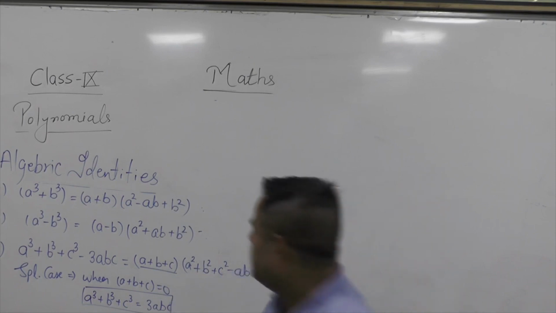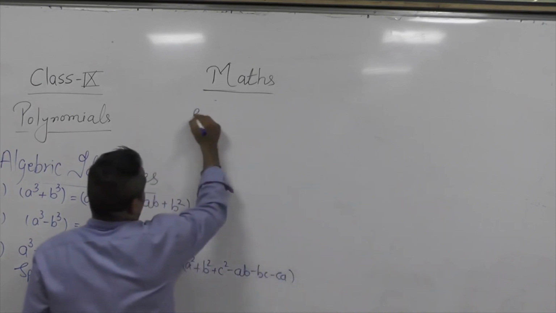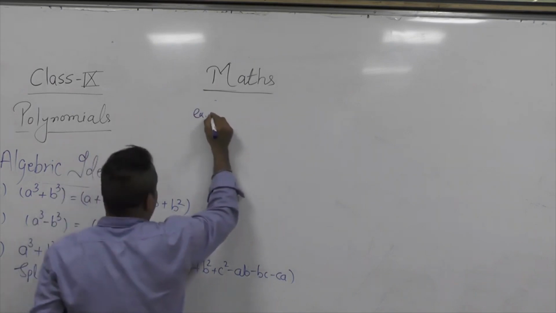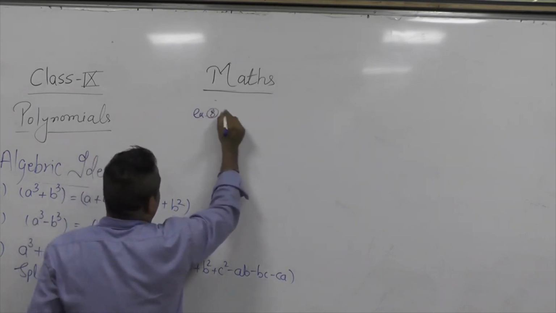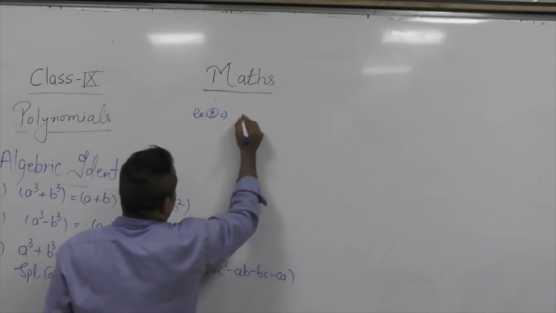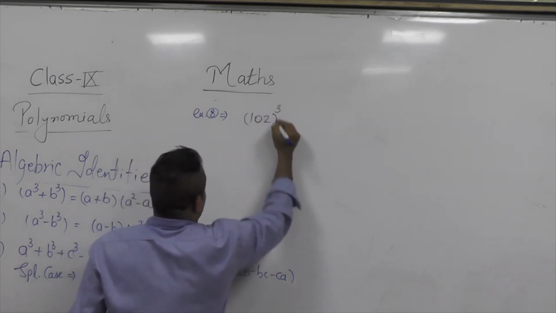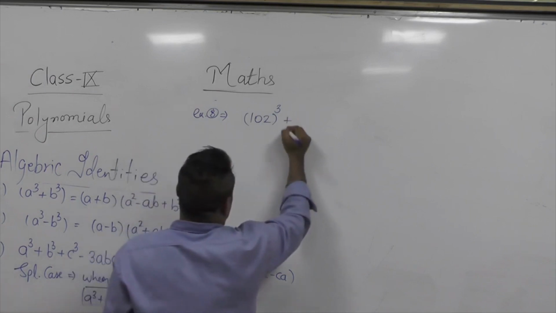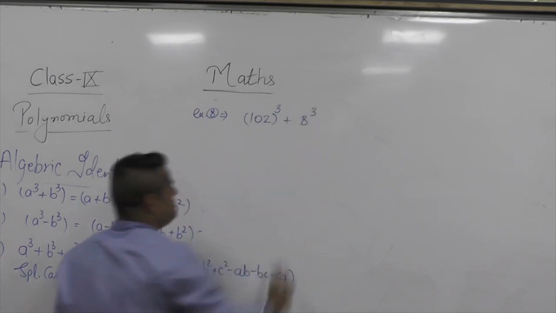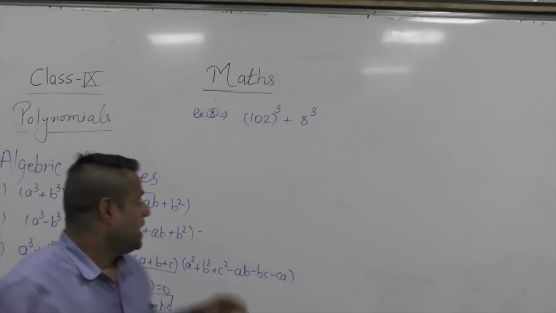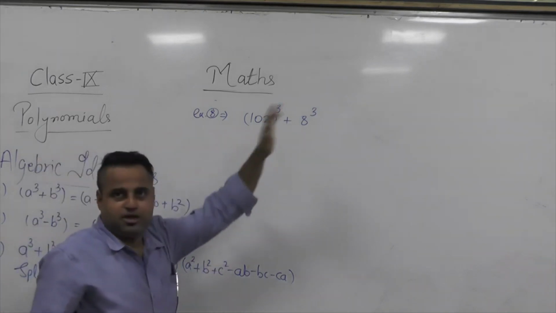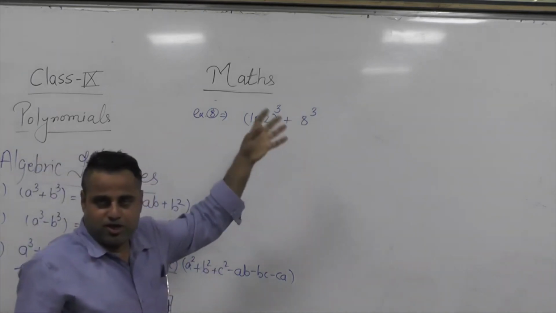I am taking here 102 cube plus 8 cube. I am writing example 8 because it is the 8th question we have. Now for a cube plus b cube, we assume a is 102 and b is 8.